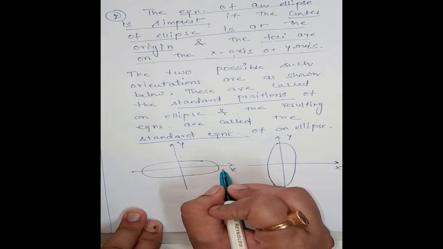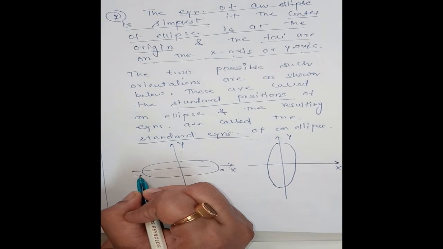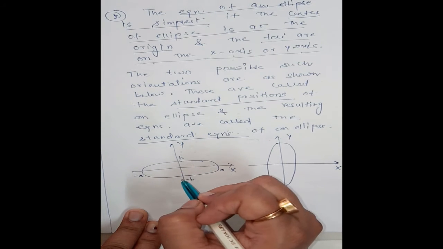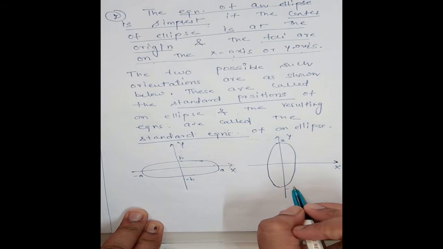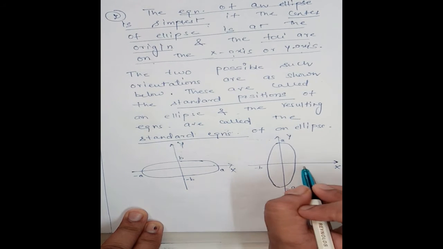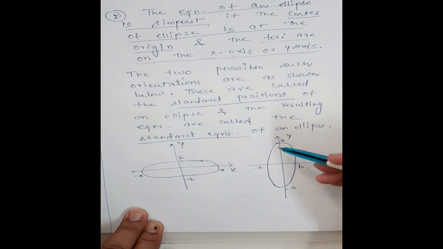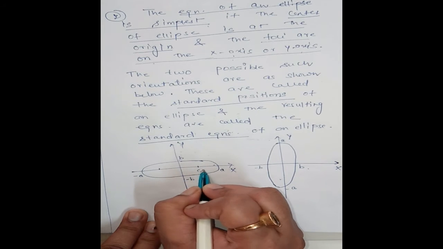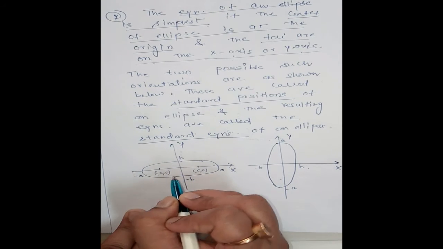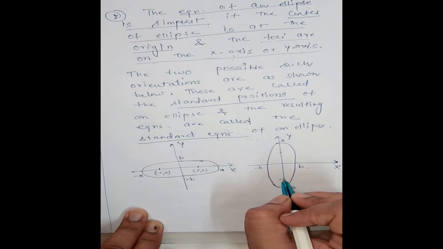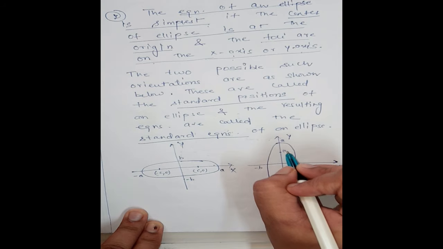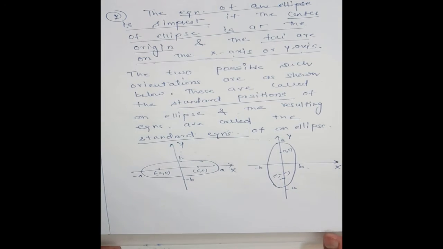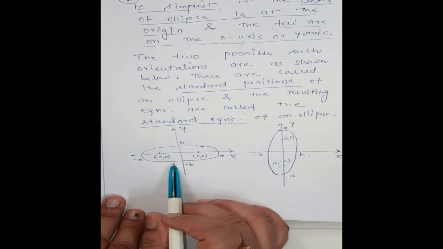Here this is the major axis, this is point A, minus A, this is B, this is minus B. Length of major axis is 2A, length of minor axis is 2B. And here it is A, minus A, and minus B and B. Clear? And here will be the two foci, with coordinates C, 0 and minus C, 0. And here along the major axis, the foci coordinates will be 0, C and 0, minus C. These are the two standard positions of the ellipse, along the x-axis and along the y-axis.